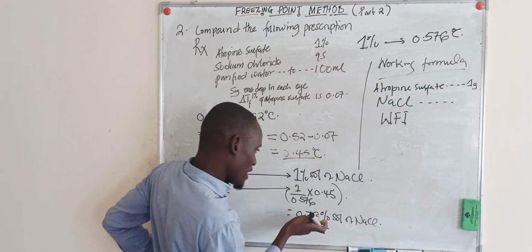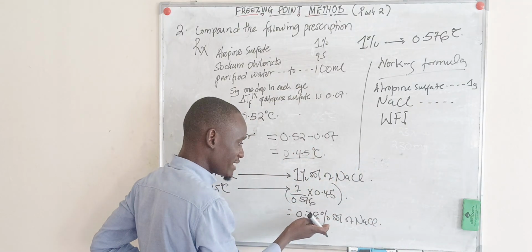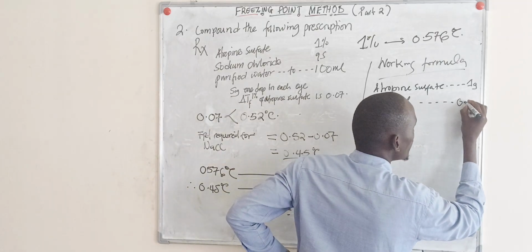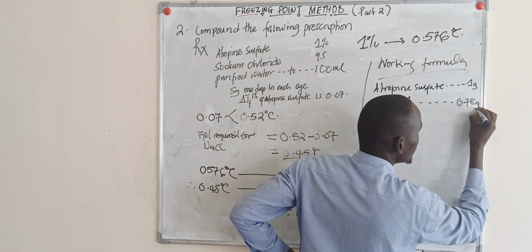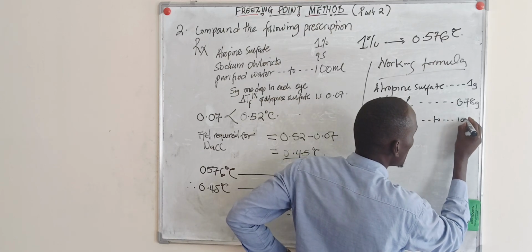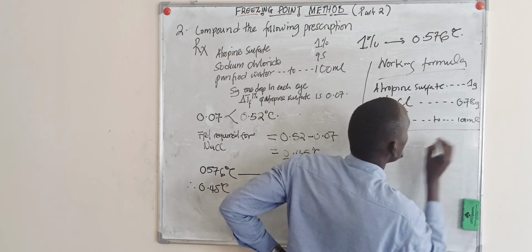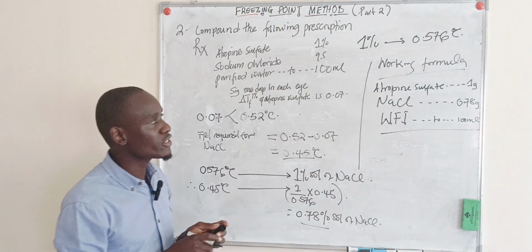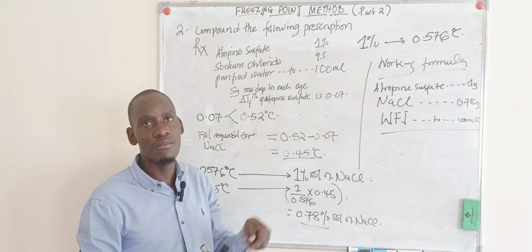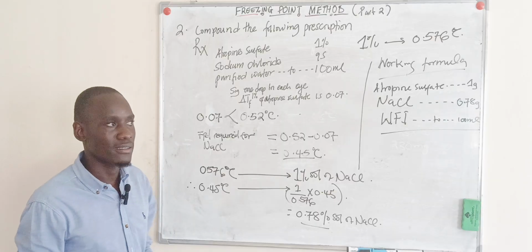Sodium chloride, we shall have 0.78 divided by 100 times 100. We shall still have 0.78 grams. Then water for injection add up to 100 ml. And by doing that, we shall have made our solution isotonic with blood plasma and safe for administration to the patients.